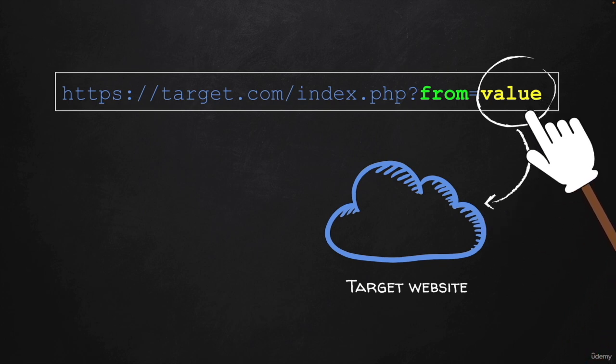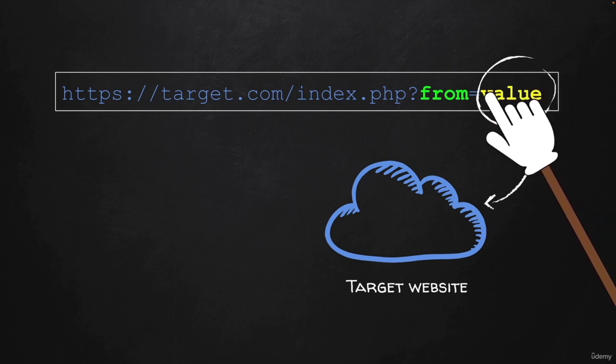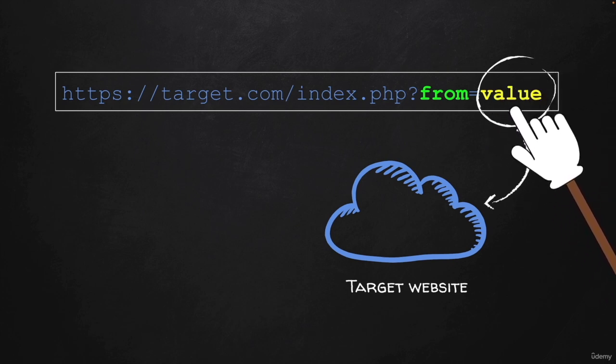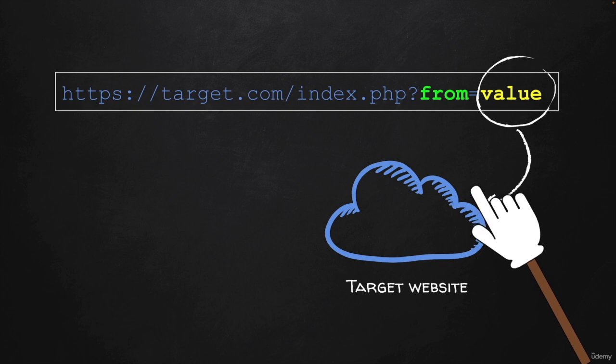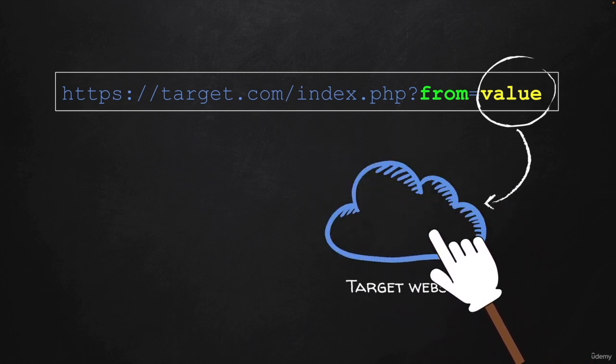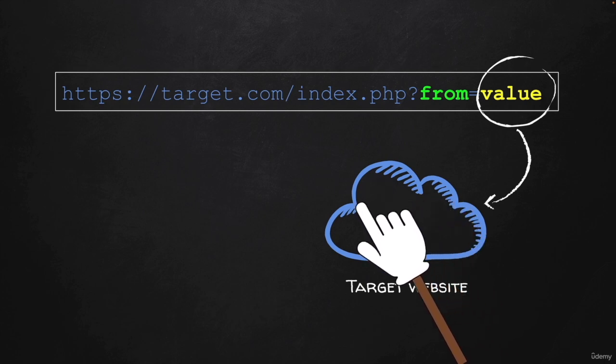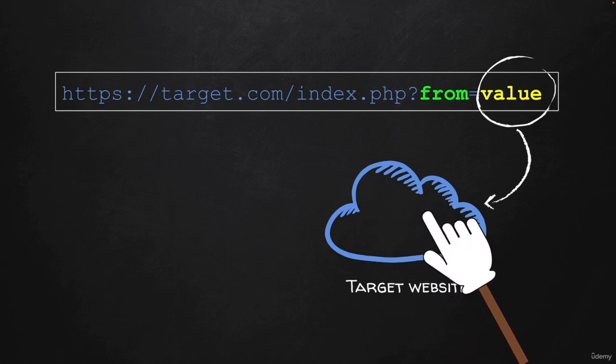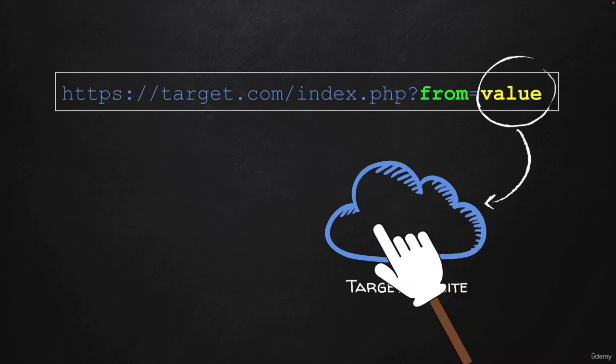This is really important to understand because we know now by manipulating this value, we can manipulate whatever is being accepted or digested by the web application on the cloud, and therefore we might be able to cause it to misbehave, to either reveal information or maybe even exploit it and gain control over it.